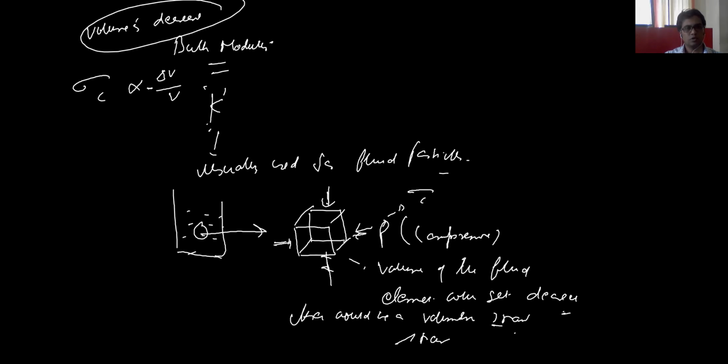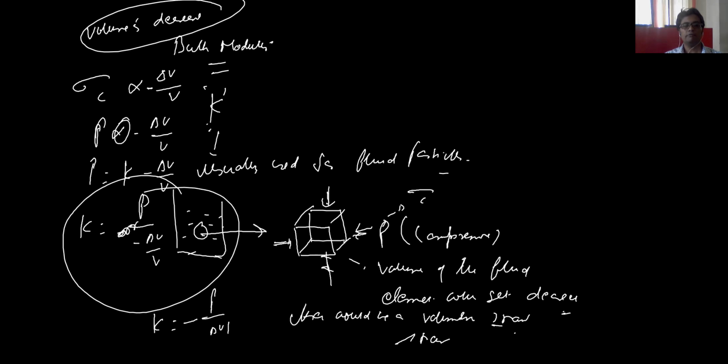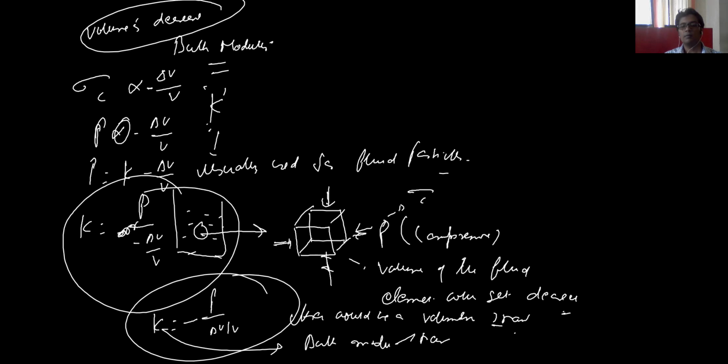So instead of sigma c, I am using P. P is directly proportional to minus delta V by V. If you remove the constant of proportionality, P will be equal to K into minus del V by V, and hence K can be defined as P upon minus del V by V. So K is equal to minus P by del V by V. This is known as the bulk modulus. Okay, fine.